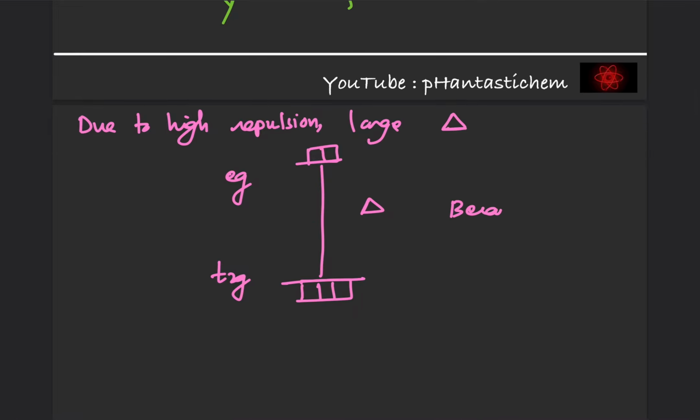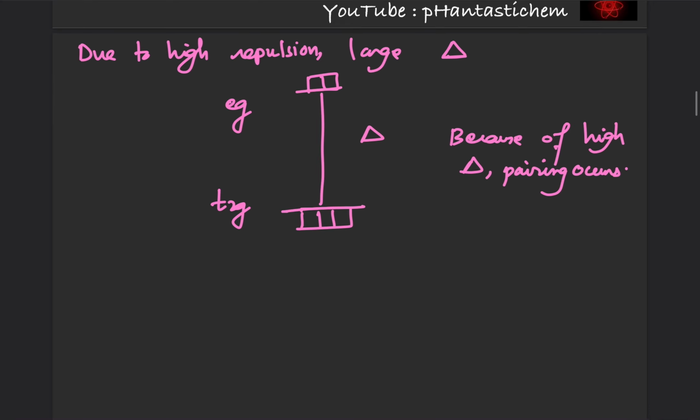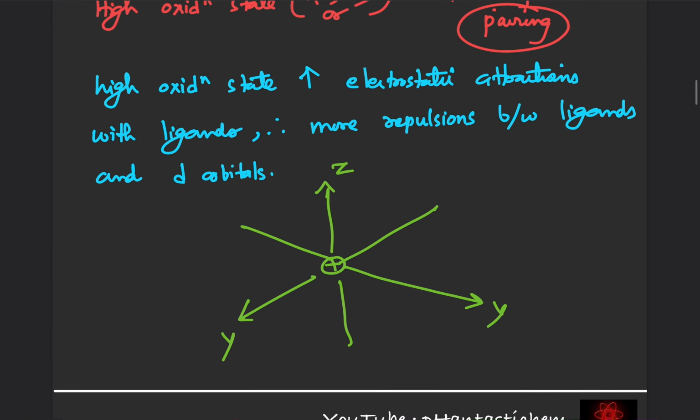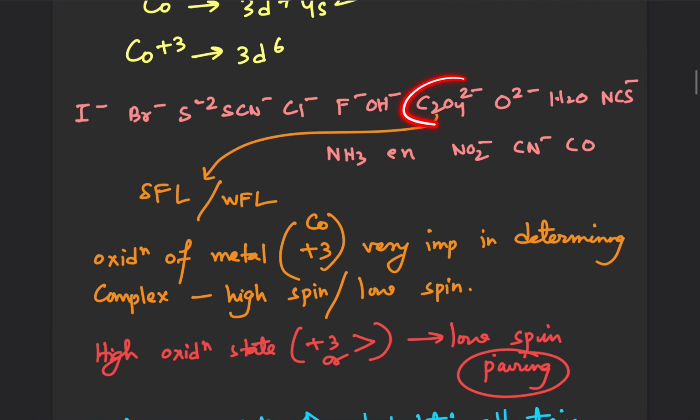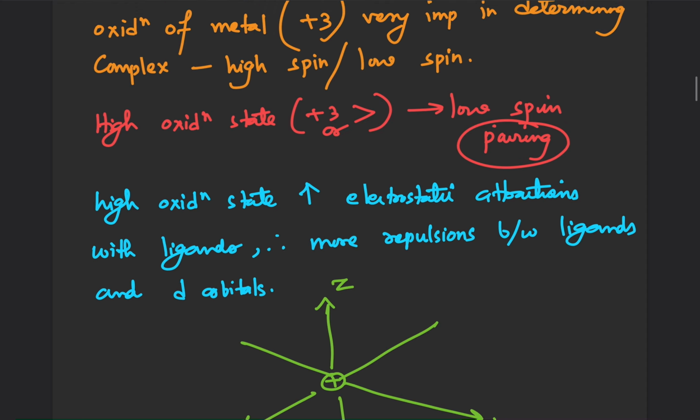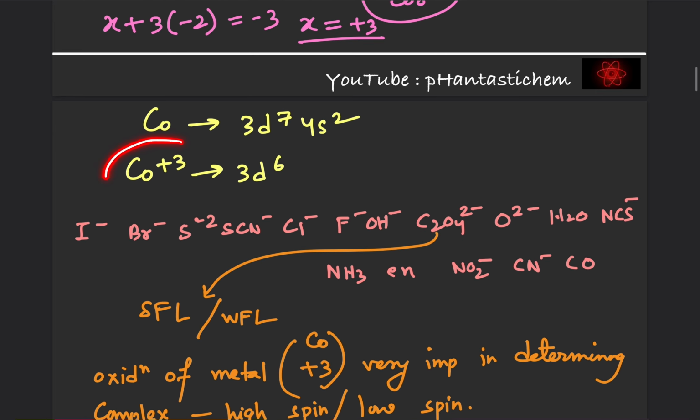Okay, because of high delta, pairing occurs. Okay, so therefore C2O4 2 minus, that is the oxalate ligand, is not a very strong field ligand because it is somewhere in the middle, you can see. Okay, but still pairing happens due to the high oxidation state of cobalt. Okay, because of the +3 state of cobalt, still pairing is going to happen.